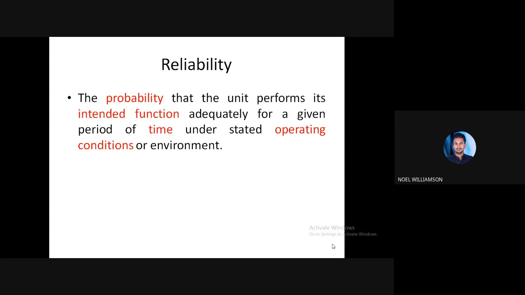So reliability is basically the probability that any product will perform its intended function for the given period of time under the given operating conditions. So this is regarding reliability.